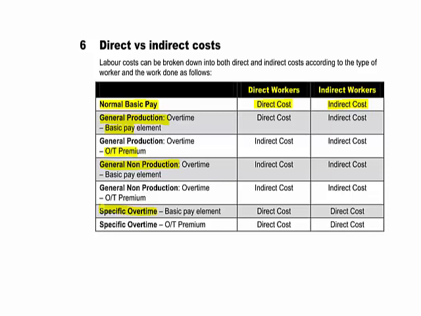For our direct workers, unless it is non-production overtime, it will always be a direct cost, the basic element, but the overtime premium will only be a direct cost if the work is specific overtime for specific products at the customer's request.